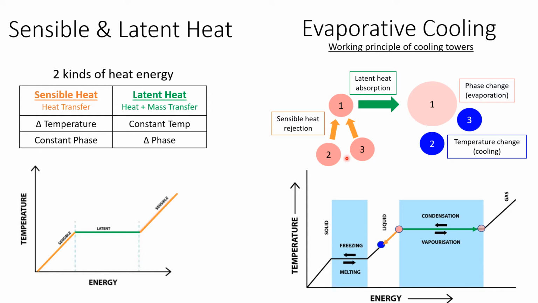In other words, it needs to gain enough energy to change phases from liquid to gas. Because particles 2 and 3 had to give up sensible heat for the evaporation process, they experience a drop in temperature while remaining in the liquid phase. As a result, particle 1 now represents hot water vapor, and particles 2 and 3 represent cooled liquid water.